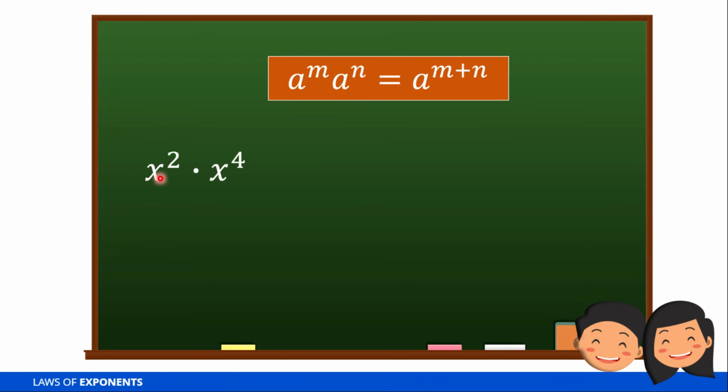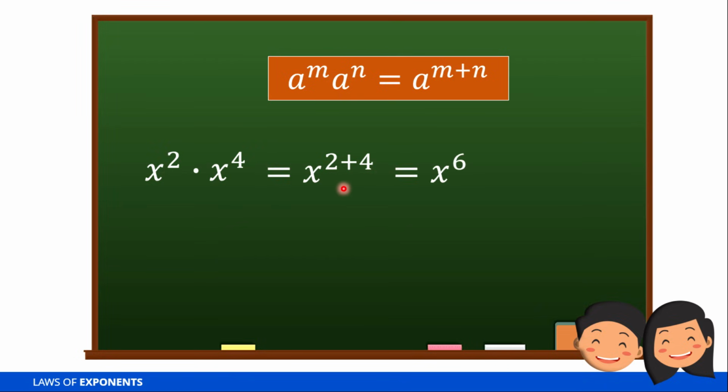We have x squared times x to the fourth power. This will be equal to x raised to the 2 plus 4. So, kopyahin lamang natin yung base ng dalawang expressions na x. Tapos, yung kanilang exponent, ipag-a-add lamang natin. So, yung 2 plus yung 4 na exponent ng pangalawang expression.